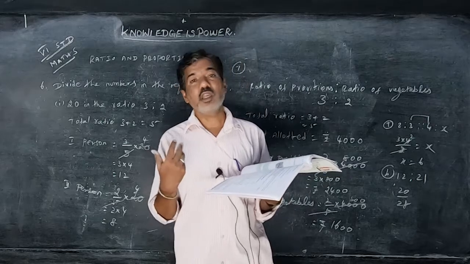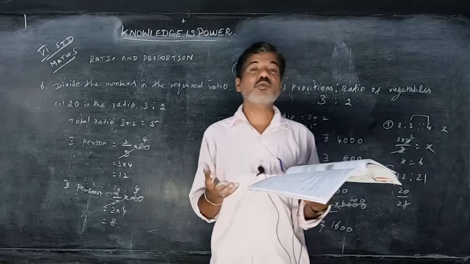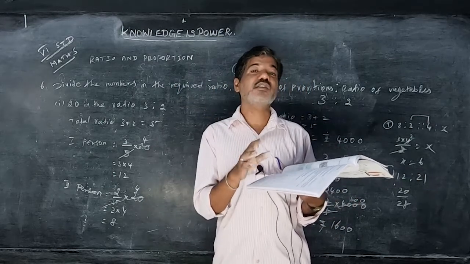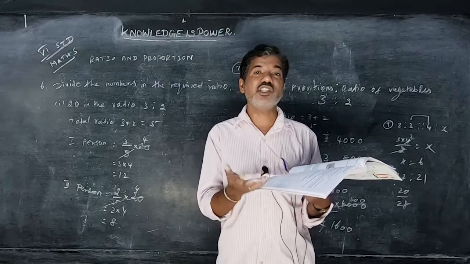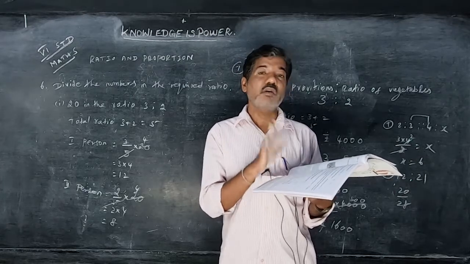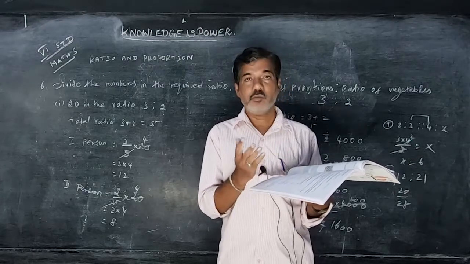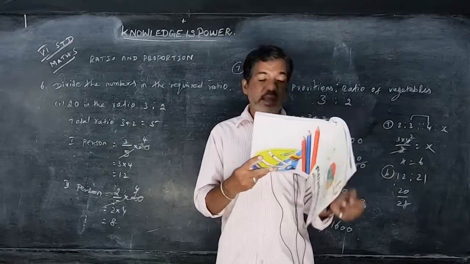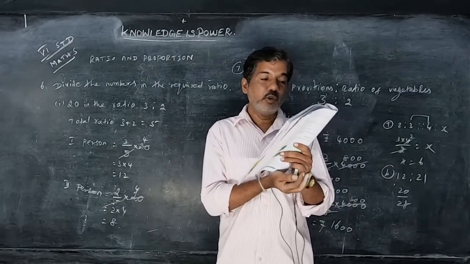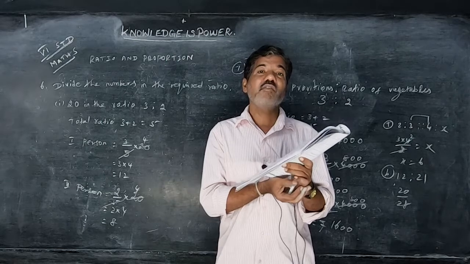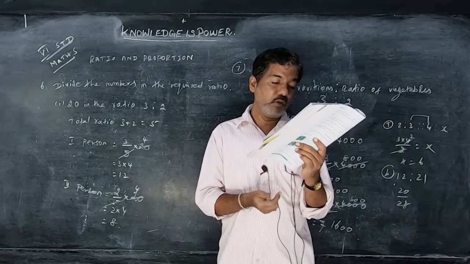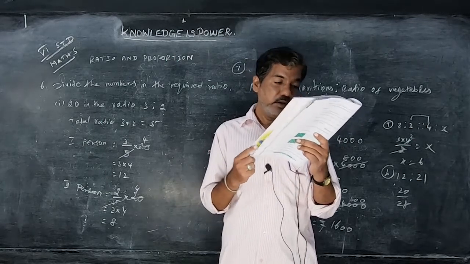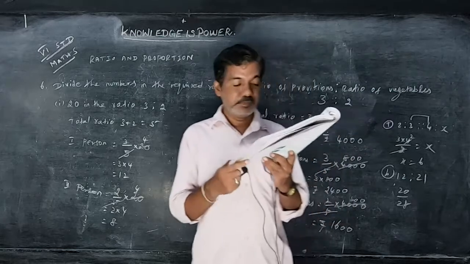You have to get some additional concepts, which means you have to work out homework sums also. Sometimes some of the homework sums will also come for the test or exam. So you mark it in the textbook. What are the things? Fill-ups, true or false, and objective type.